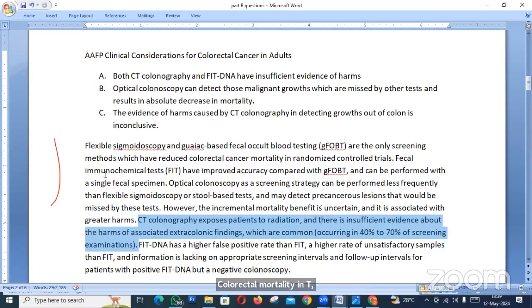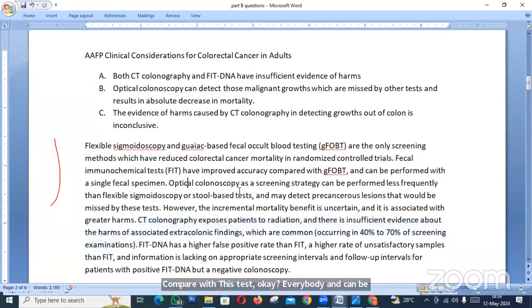Fecal immunochemical tests have improved accuracy compared with this test, FOBT, and can be performed with a single fecal specimen. Optical colonoscopy as a screening strategy can be performed less frequently than flexible sigmoidoscopy or stool-based tests, and may detect precancerous lesions which would be missed by other tests. However, mortality benefit is uncertain and it is associated with greater harms.